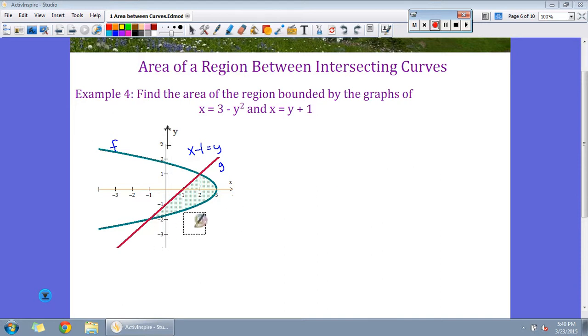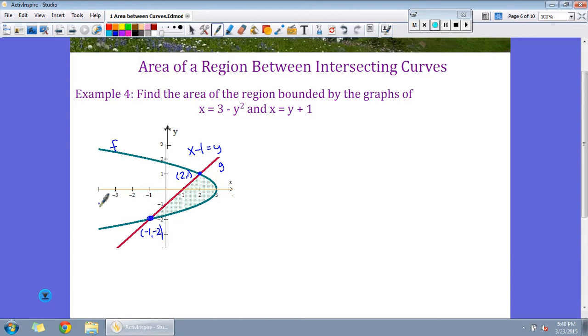Okay. From our graph, we can clearly see that the intersections happen at the point 2, 1 and the point negative 1, negative 2. Since we have our equation as x equals, we're going to do everything in terms of y.